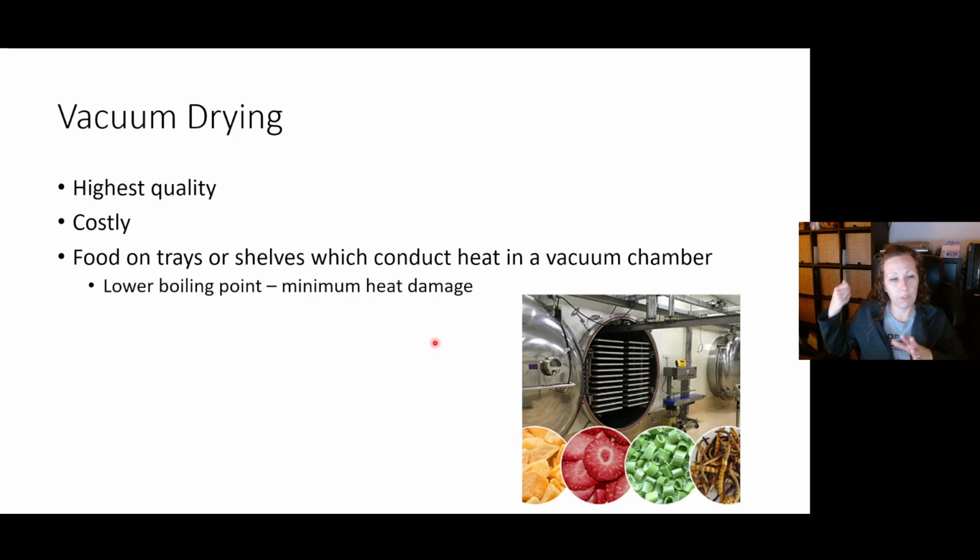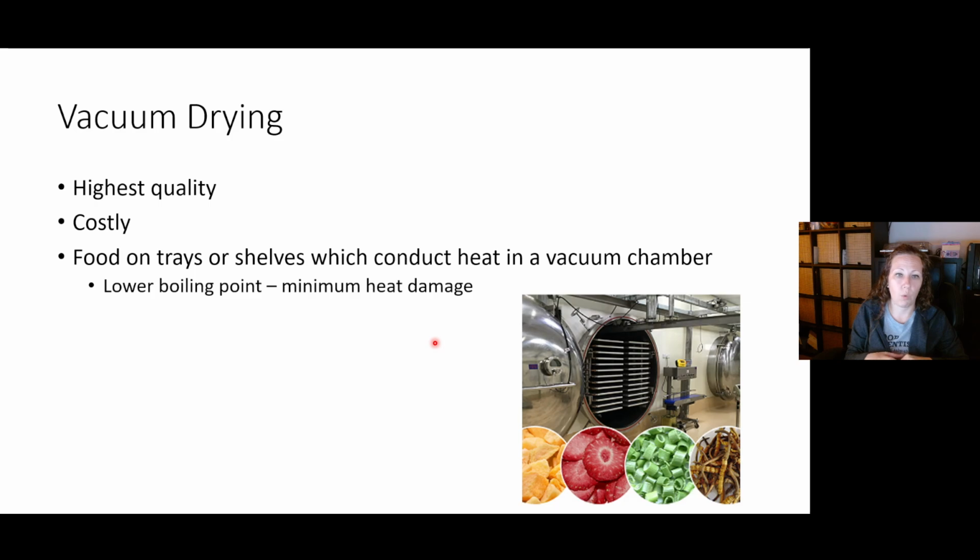And so when you pull a vacuum, you have decreased the pressure. So the opposite of when we are using a pressure cooker, okay? We've decreased the pressure and now our boiling point is lower instead of higher, like when we have a pressure cooker, okay?